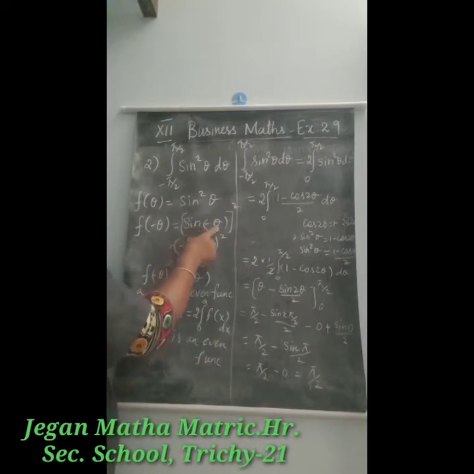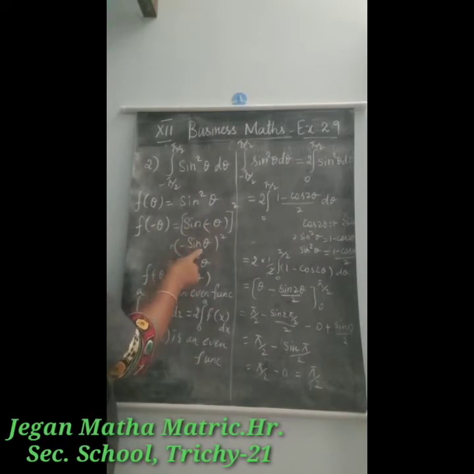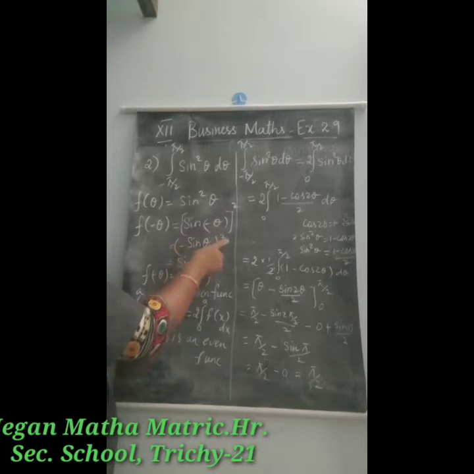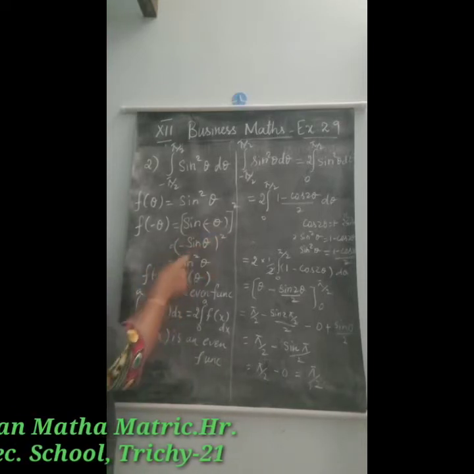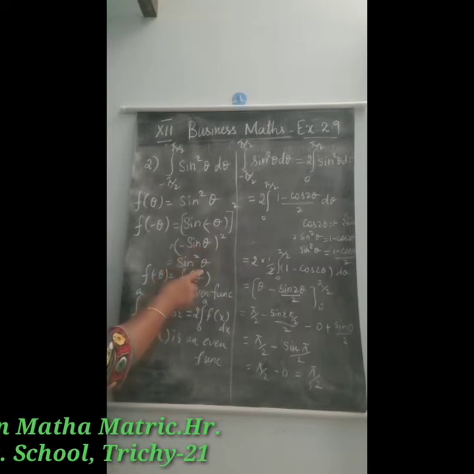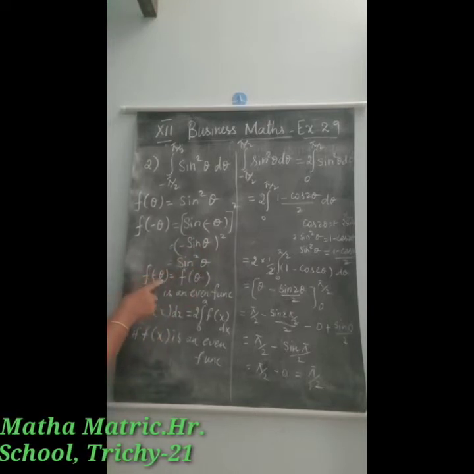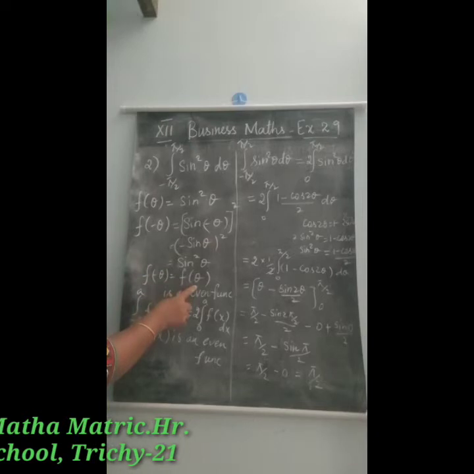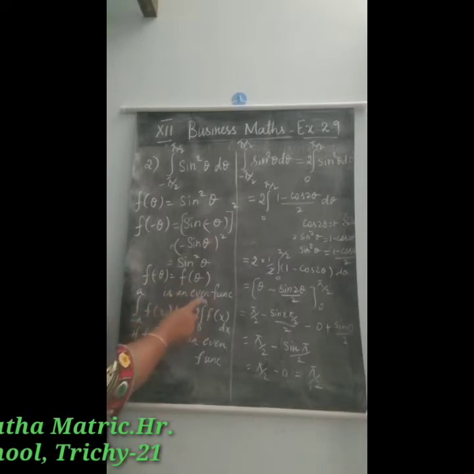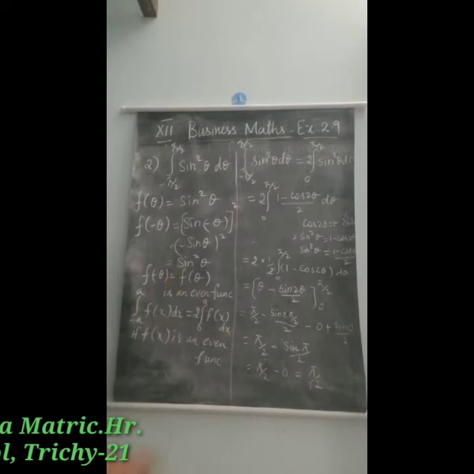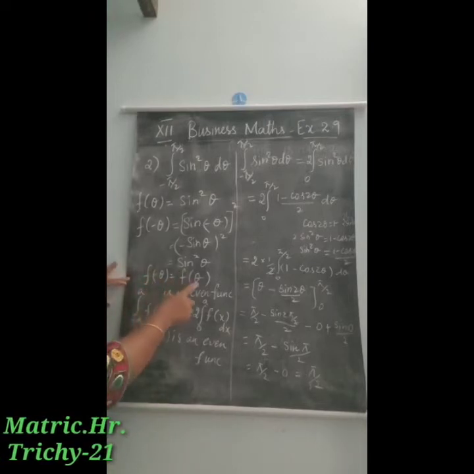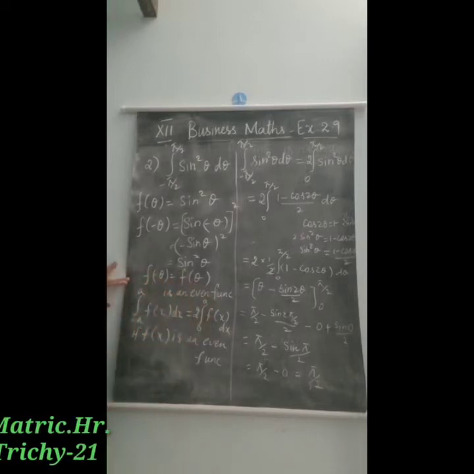So (-sin θ)², that is minus of minus plus, so sin²θ. So f(-θ) = f(θ), an even function, because it is plus sign.